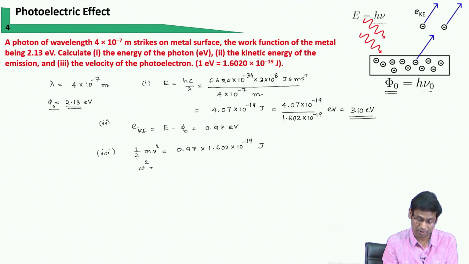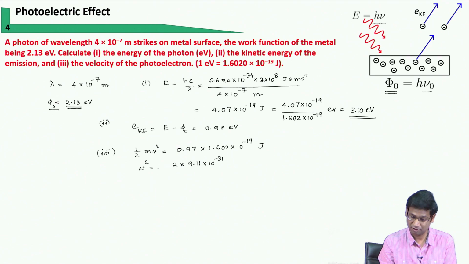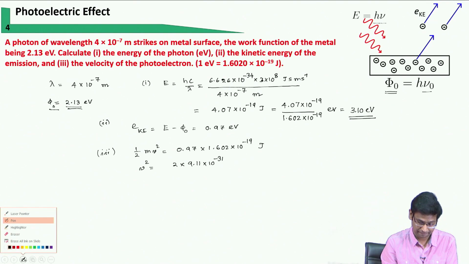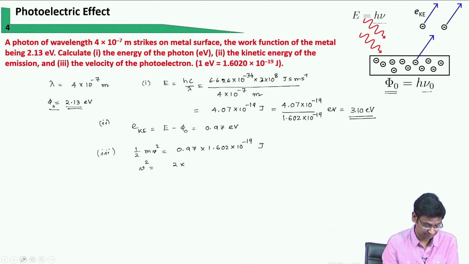Therefore, v square is 2 into the kinetic energy, divided by m. What is m? m is the mass of the ejected electron, 9.11 into 10 to the power minus 31. Forgive me, this has to be divided, not multiplied.